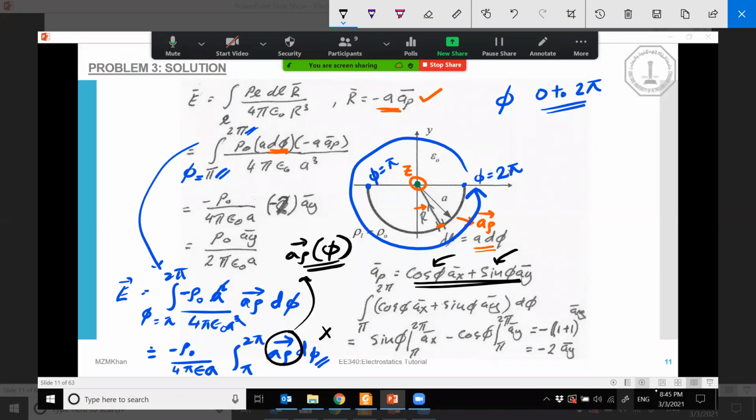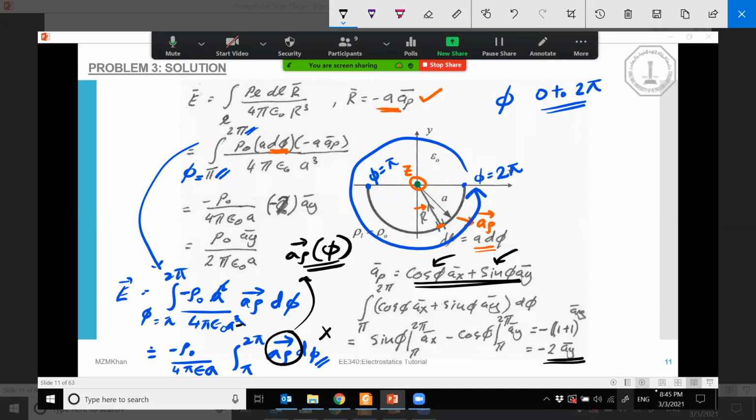And in such cases, the integrations are usually done by converting a rho into Cartesian coordinates and doing the integration to get the answer. Obviously, your answer will be in Cartesian coordinates. You can leave it with this Cartesian answer, but if the answer is required in cylindrical, then you have to change back to cylindrical. But most of the time, we don't ask for this transformation back to cylindrical.